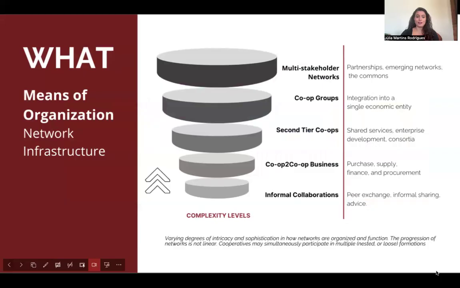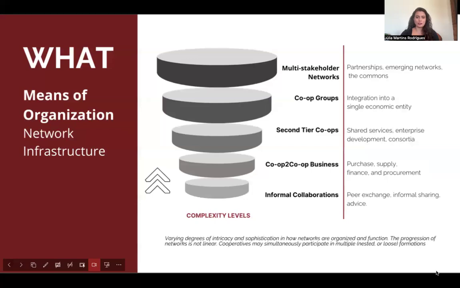This refers to the network infrastructure, which we call the means of organization. These are the conventional ways in which co-ops coordinate their activities and build connections with one another. It represents the types of relationships and connections that exist within the network.